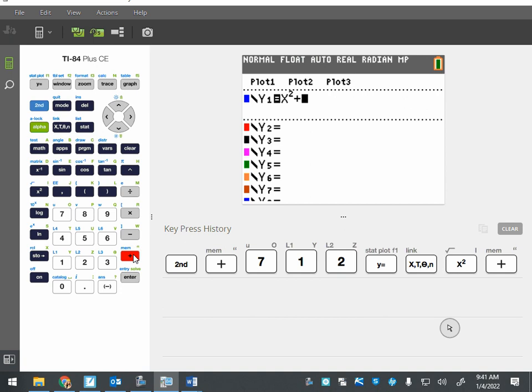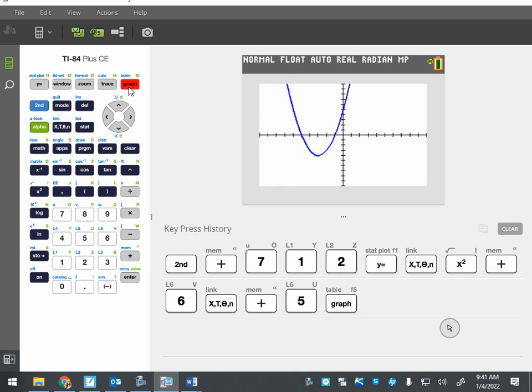Plus 6x plus 5. Then if we hit graph, we're entering x squared plus 6x plus 5.